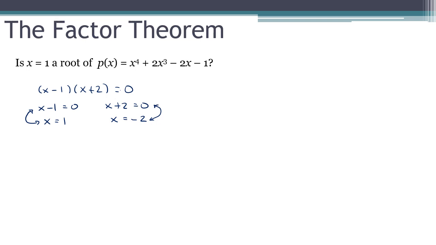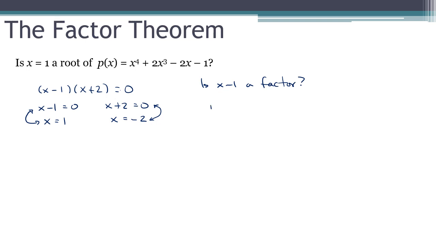So I need to know this because my factor theorem, my remainder theorem, they talk to me about factors, not roots. So the question here is, is x equals 1 a root? Well, the question I'm going to answer is, is x minus 1 a factor? Because they're the same question, right? So now this one I could answer.